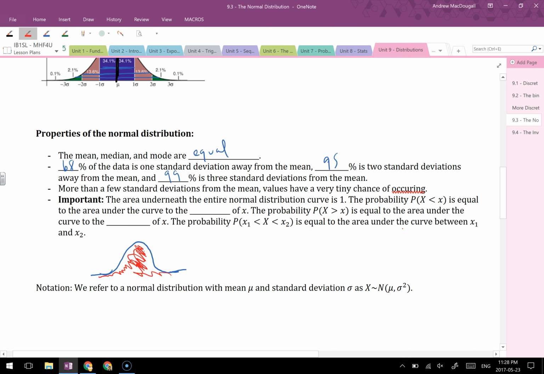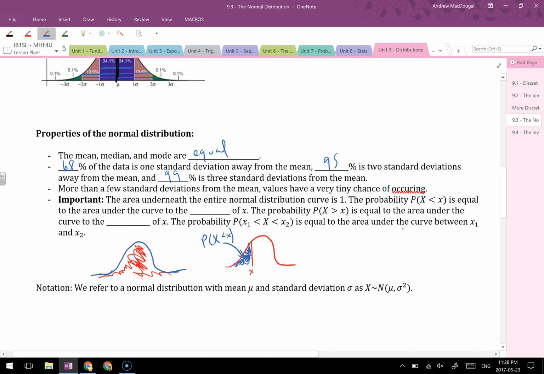Now, if I have some point little x, the probability that x is less than little x corresponds to the area to the left of this point. So this area is the probability that x is less than little x.